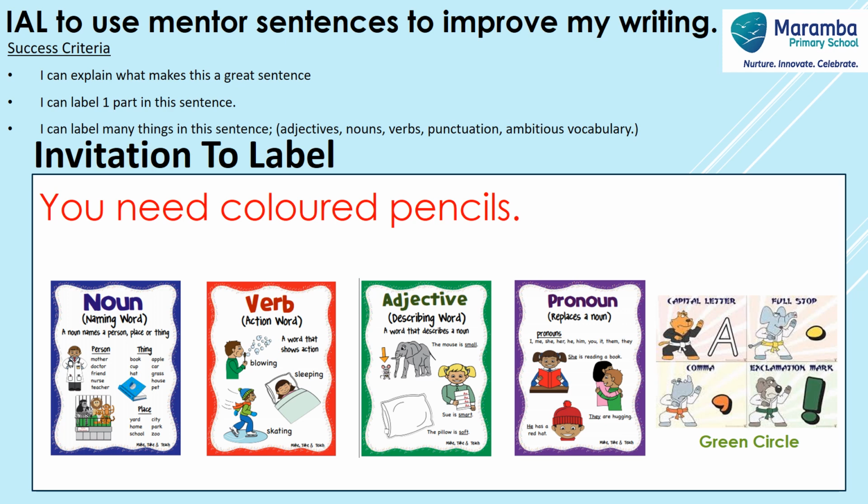You might have them, they, you, I, me. So that's a bit of a challenge there. Purple, pronoun. And of course, Kung Fu punctuation. We love to play that game. If you find any punctuation, you need to circle the punctuation. Pause the video and finish off labeling your sentence.